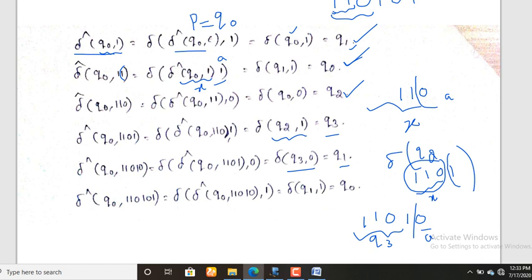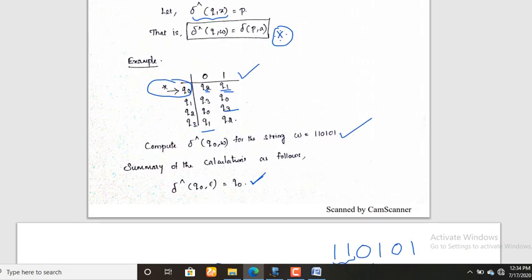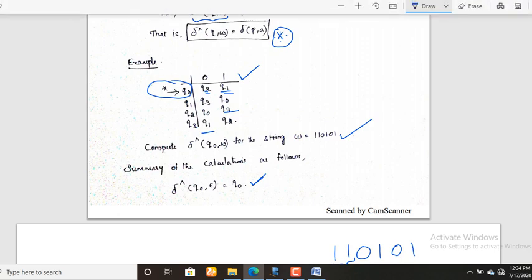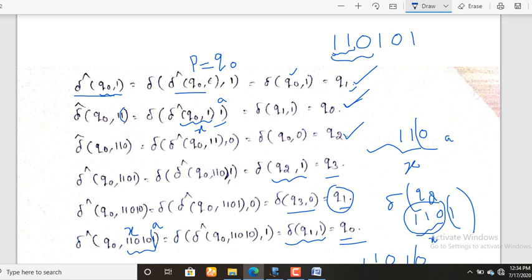Next, the whole string. How can we split the string? This is the a part and the remaining is the x part. So delta cap of 11010 is already solved as q1. So delta of q1 comma 1 is q0. This is the way to solve the extended transition function.